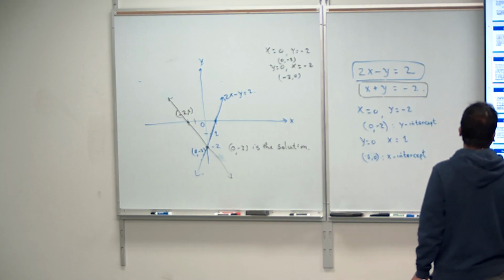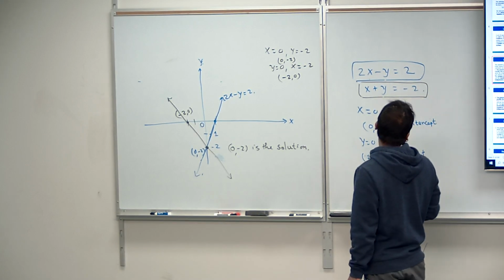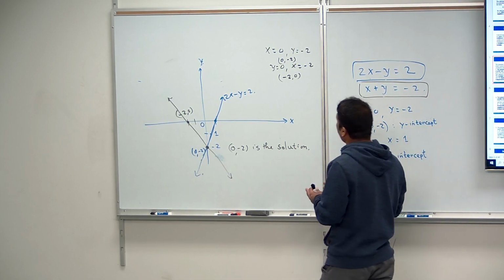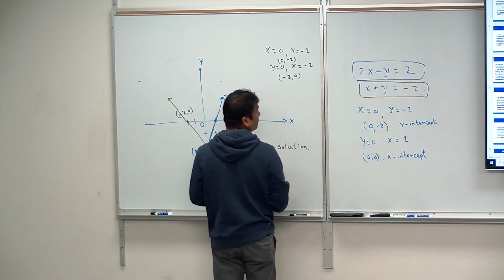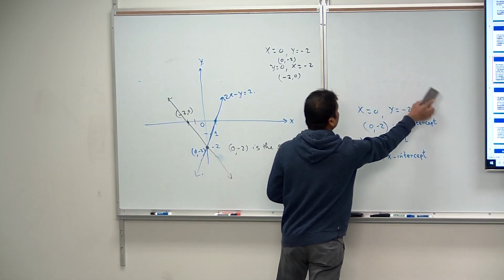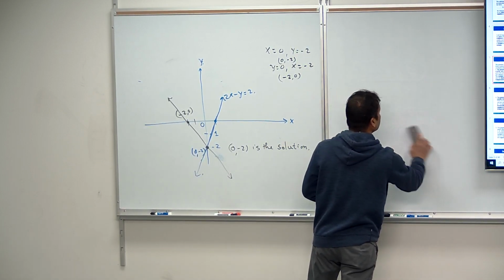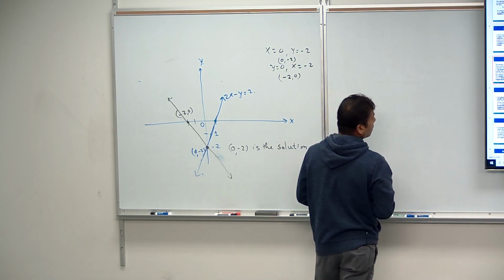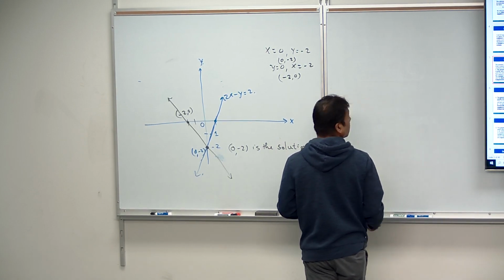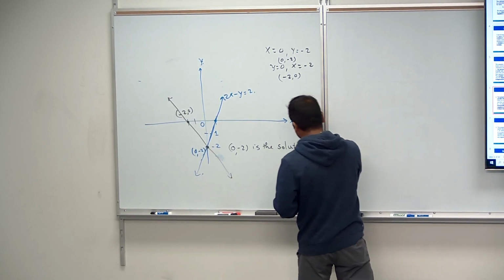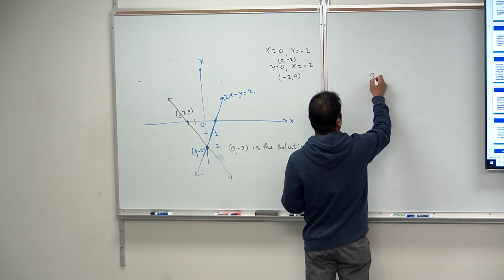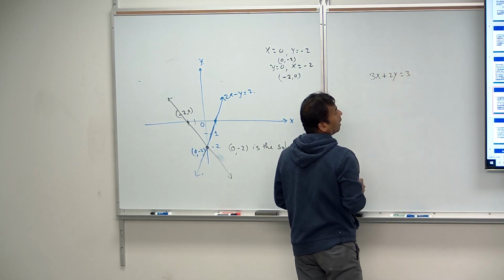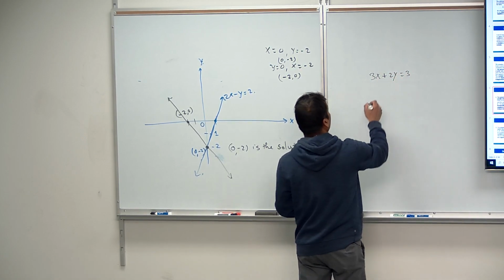The next case is when the graphs of the two lines are parallel, meaning the equations have the same slope. Let's say you have 3x plus 2y equal to 3, and 3x plus 2y equal to -4.